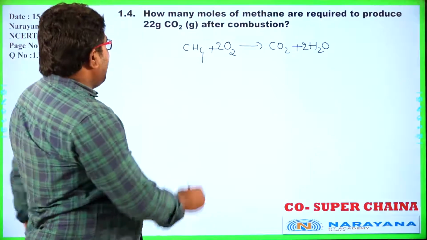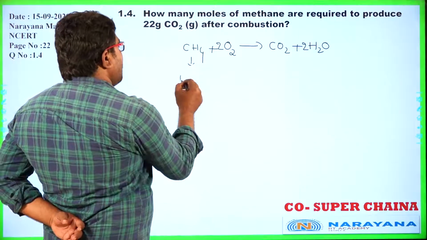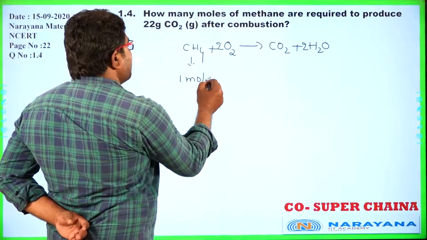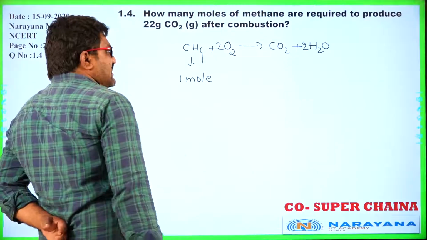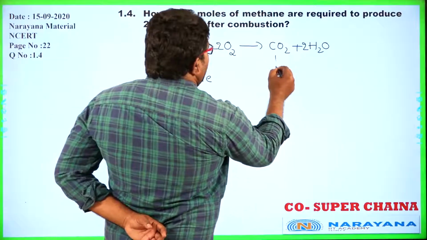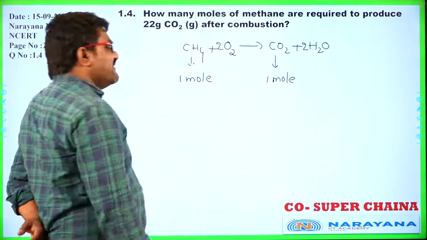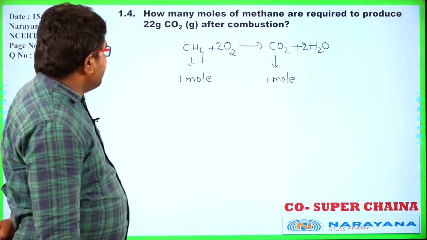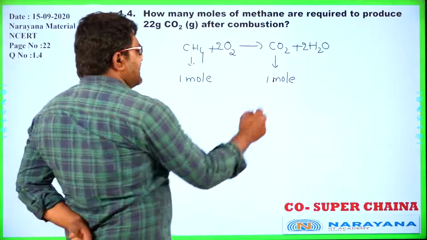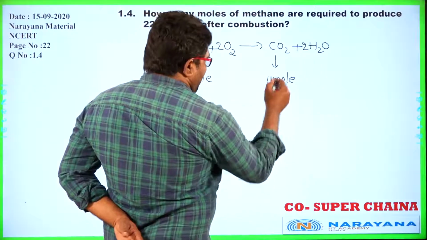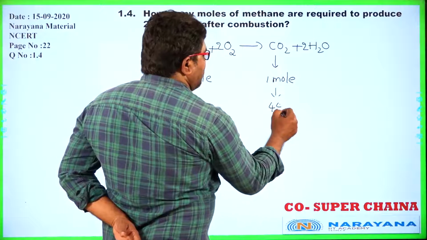According to this, when 1 mole of methane undergoes combustion, 1 mole of CO2 is formed. But the weight of carbon dioxide is given, so I need to change it to molecular weight. 1 mole weight means 44 grams.